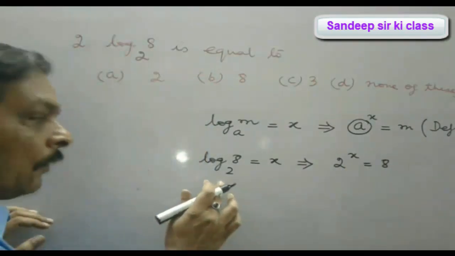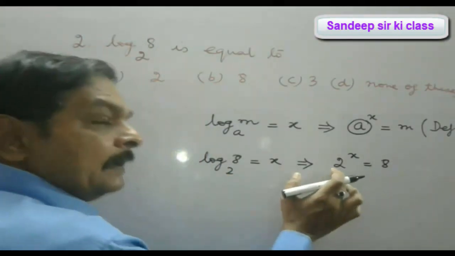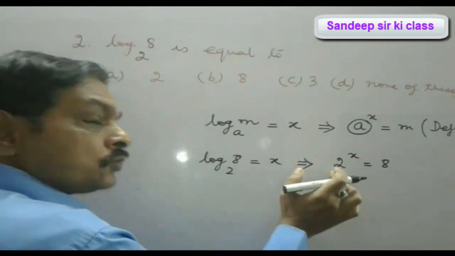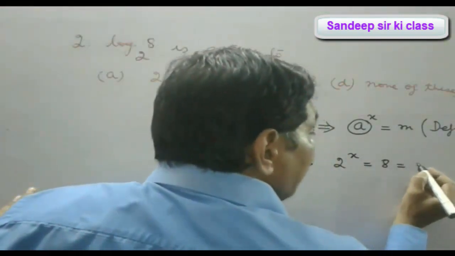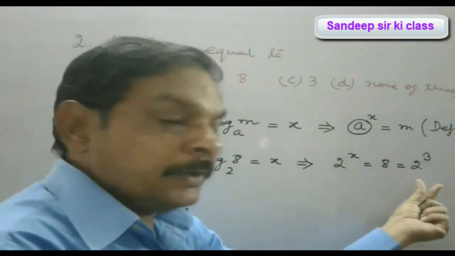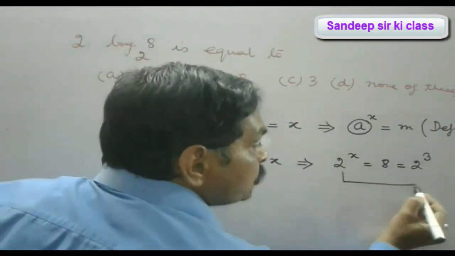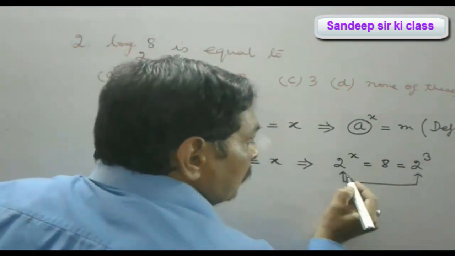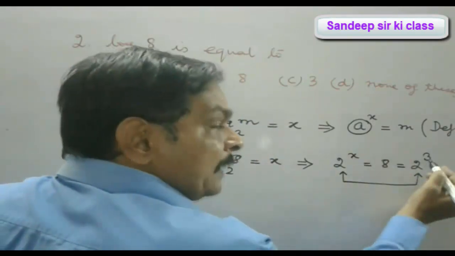With the definition of log, 2 here is the base, so 2 will be base here also in the indices form. Now 8 can be written as 2 raised to the power 3. 8 is 2 raised to the power 3, and if we compare these two, on both the sides the base is 2, so powers will also be equal.